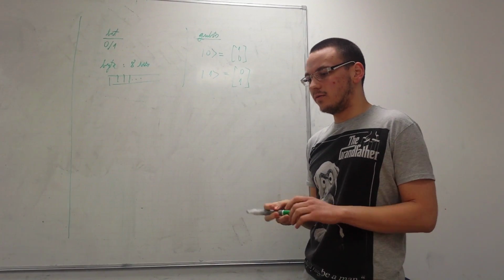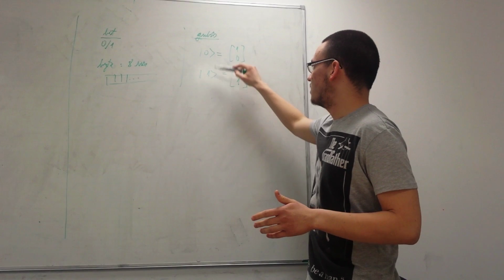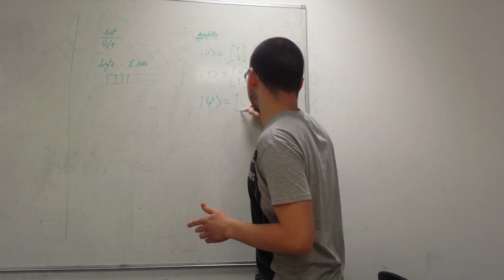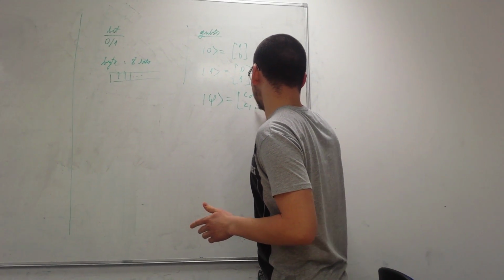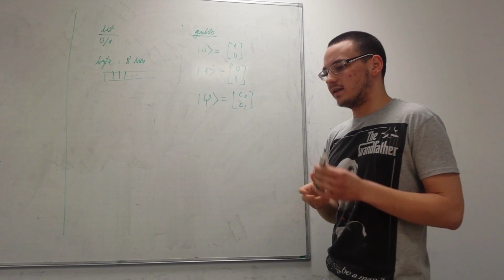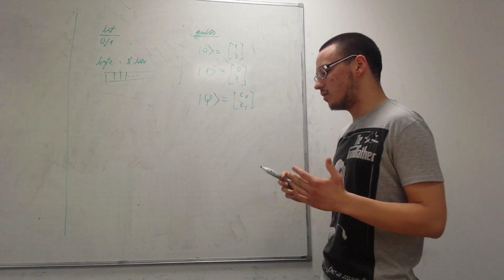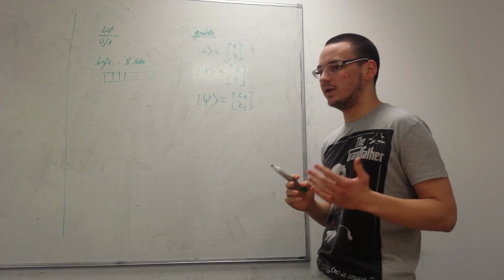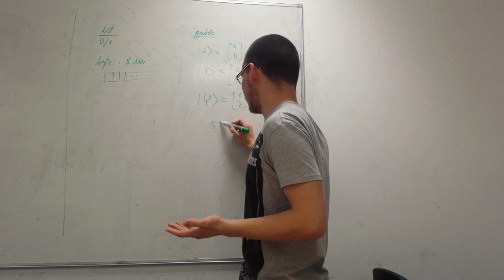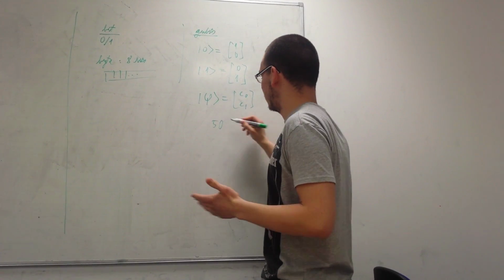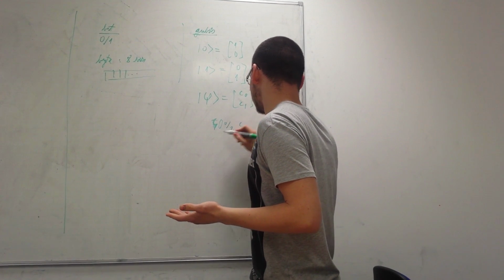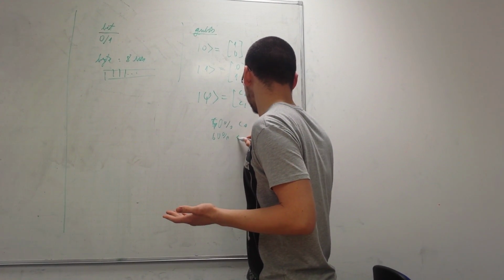Now, we can define a more general state as this, as C0, C1. But these C0 and C1 are bounded by the fact that in general we have a sum of probabilities of 100%. So let's say at some moment you can be in some state with, let's say, 40% in C0 and 60% in C1.